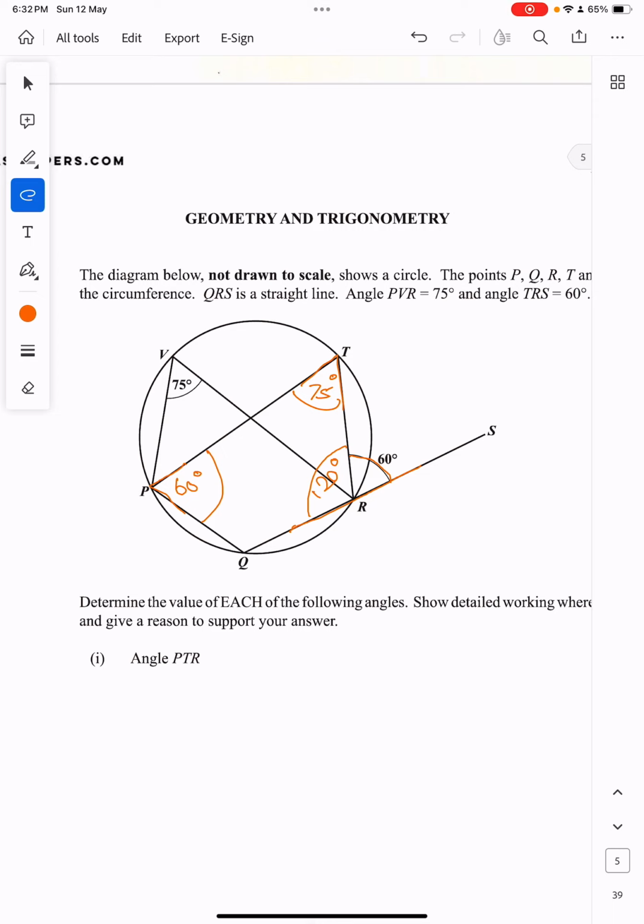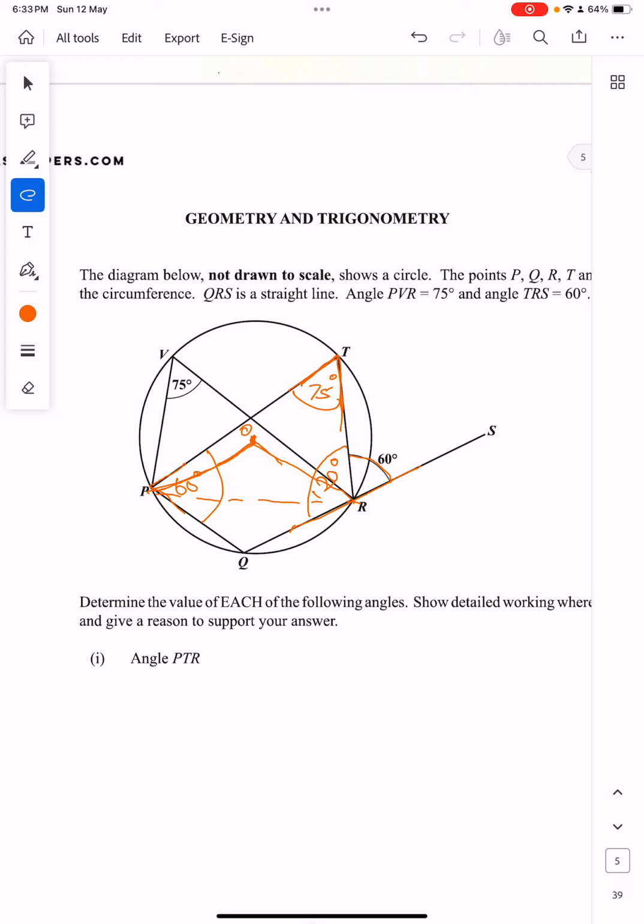So let's assume the center of the circle is about right there, and I'm going to draw two lines, P, O, R. Now P to O and O to R are going to be two radii, and if we again imagine this imaginary chord here, we can see that angle PTR, which is this angle up above here, up by T, and then angle POR, which is the angle at the center, are coming from the same points P and R, or subtended by the same chord.